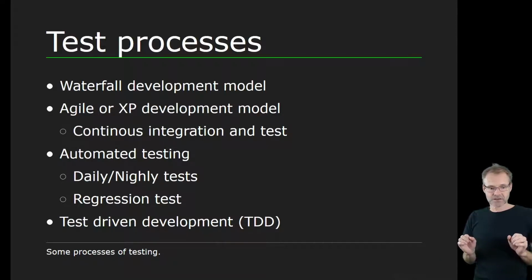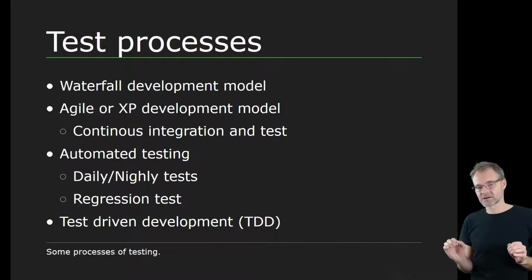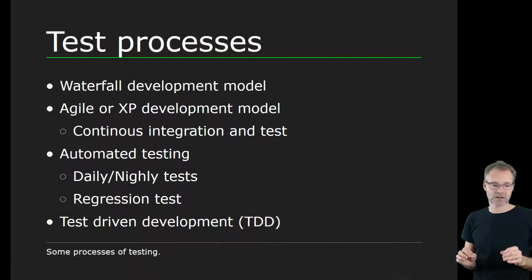One thing is good if we have some kind of process to do automated testing. So that would mean that it's no big cost in executing all our tests at once. So we could do this on a daily and nightly basis, and that would really help when we do regression testing.